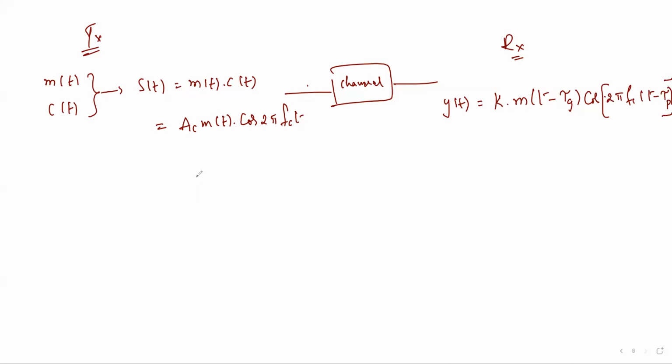So observe the tau p and tau g positions. Here, with the message, this is the group delay. This is the carrier, this is the phase delay. You know the modulated signal form.